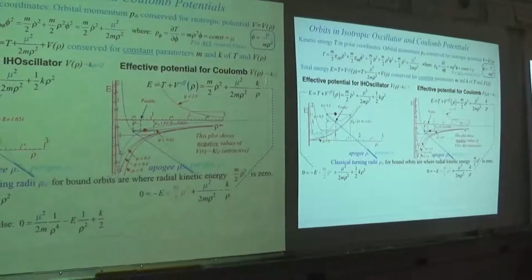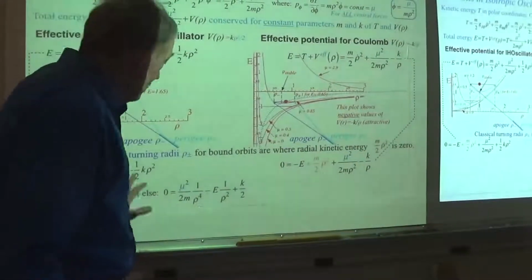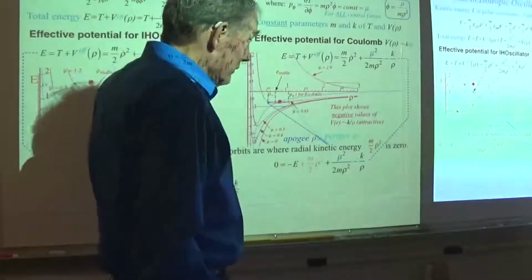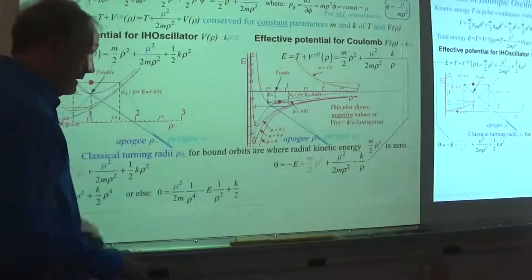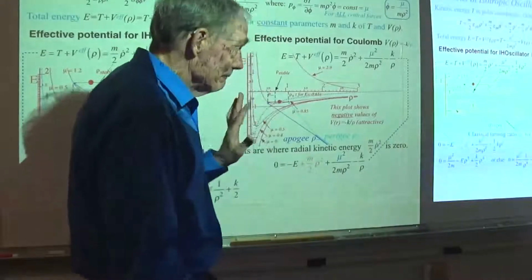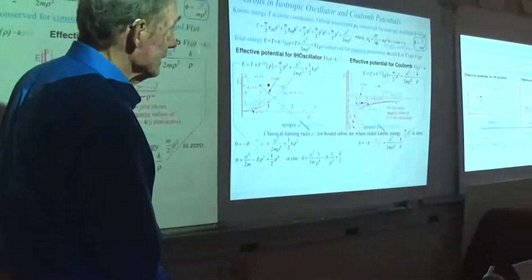Well, it turns out it's a quadratic equation, even for just a simple oscillator. So you can see why this method that we're using for the Coulomb is not readily applied in most textbooks to the oscillator. But bear with me, it's worth seeing what they both have to say.